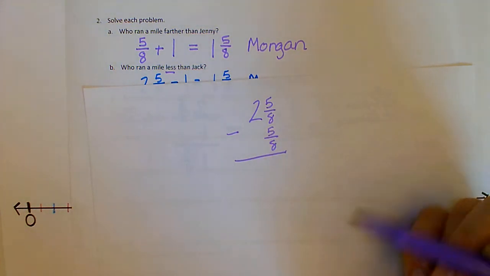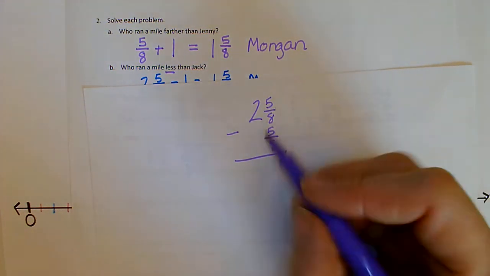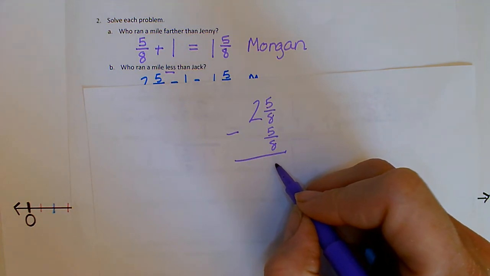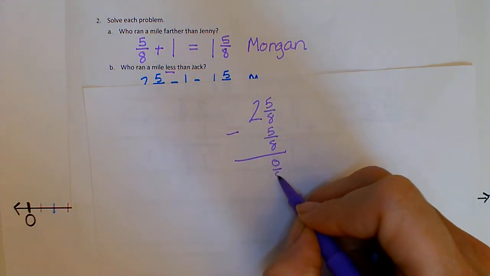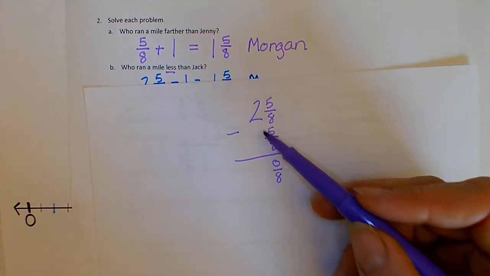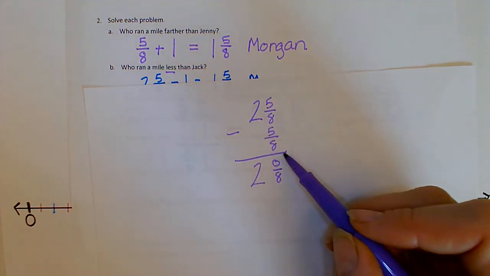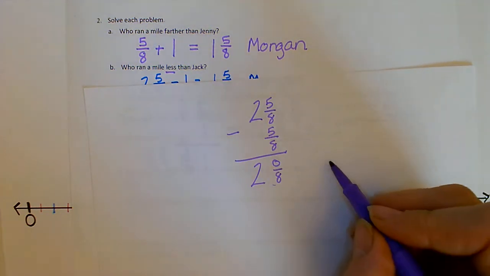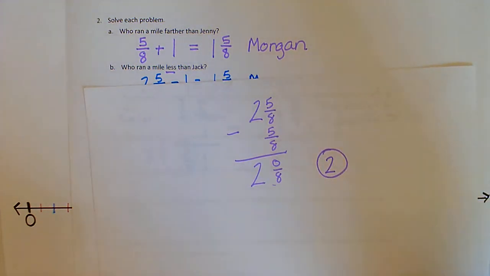If I do 2 minus 2, I get 0. Well, if I do 5/8 minus 5/8, I have 0/8, and that's just equal to 0. And then 2 minus nothing is 2. So I can just write 2.